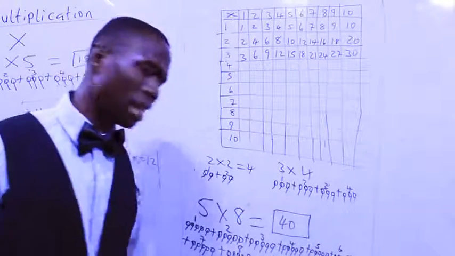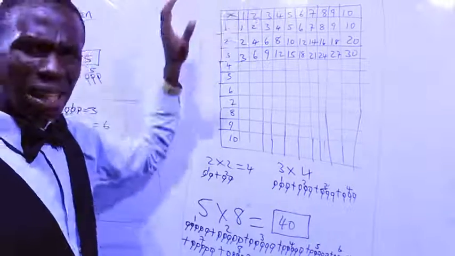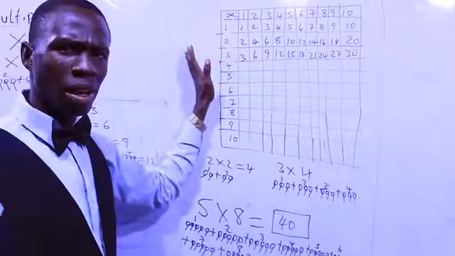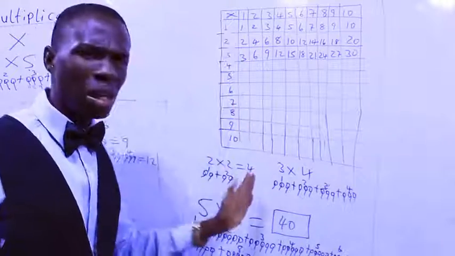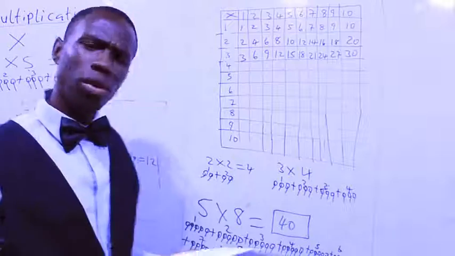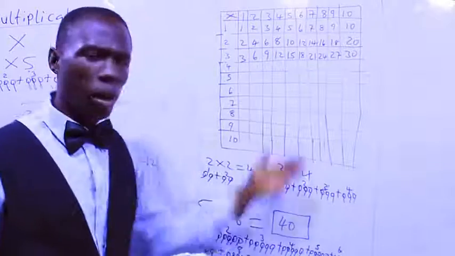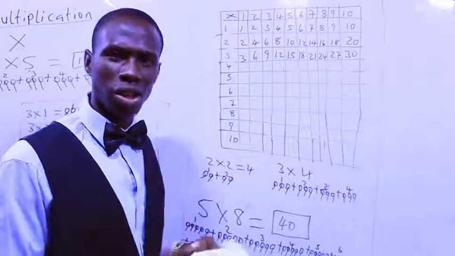I don't need to do this anymore. I just write 30. That is the benefit. That is why this multiplication table came to existence, to help students to solve questions like this. I believe you understood all about the multiplication table. Remember, it's a repeated addition.